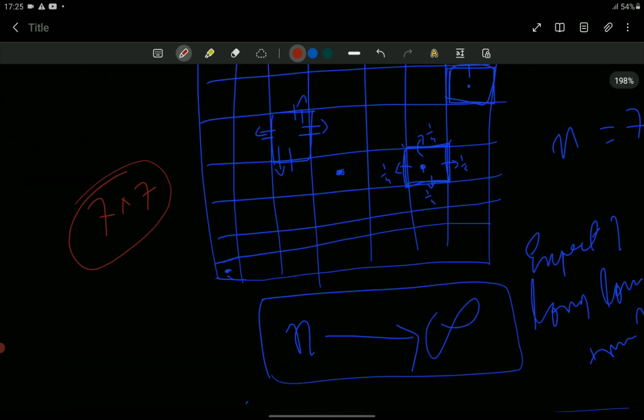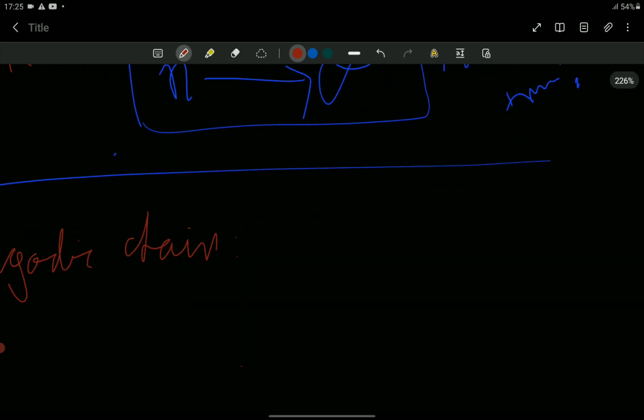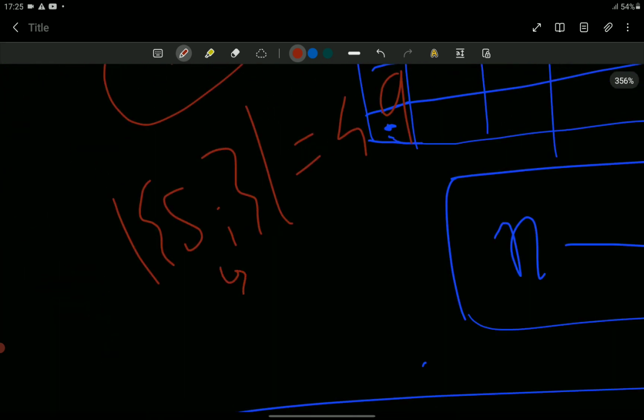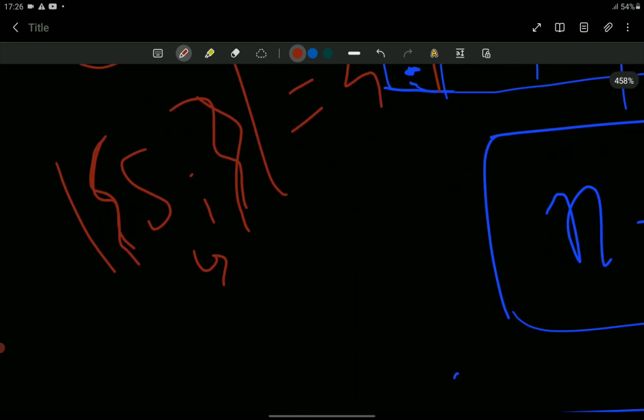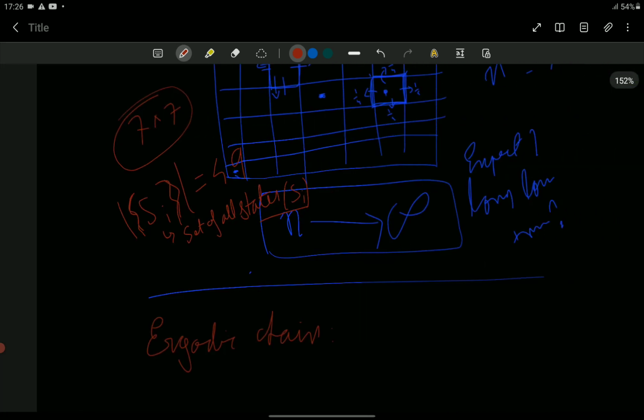So in this case, we have mod S equal to 49, right? Si means a particular state. S, this curly thing, means in my notation the set of all states, where each state I denote by Si.